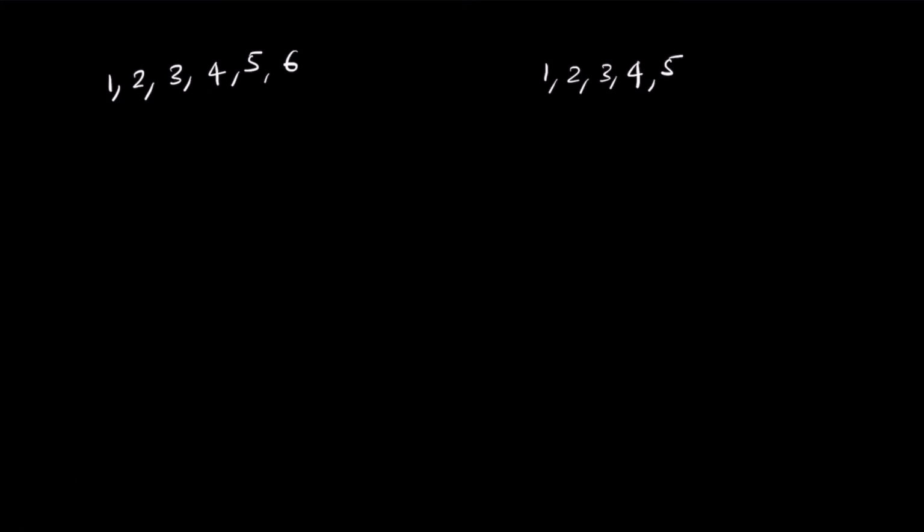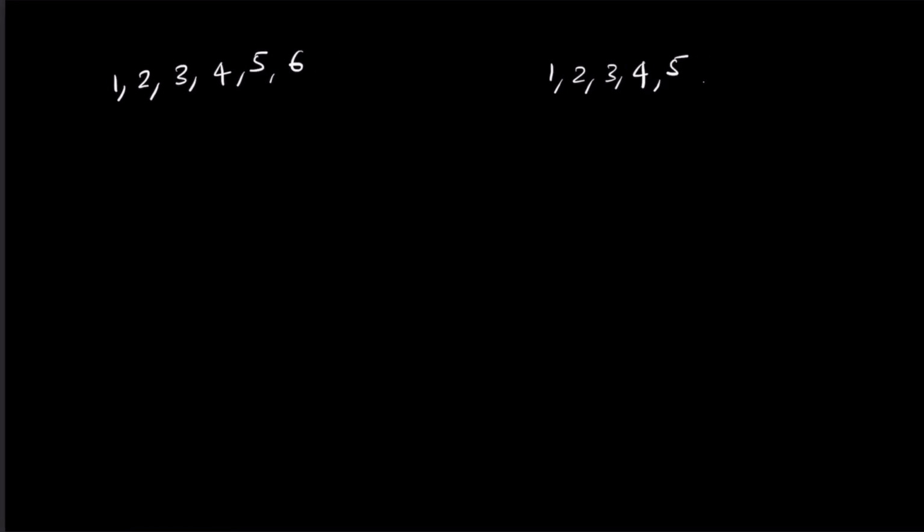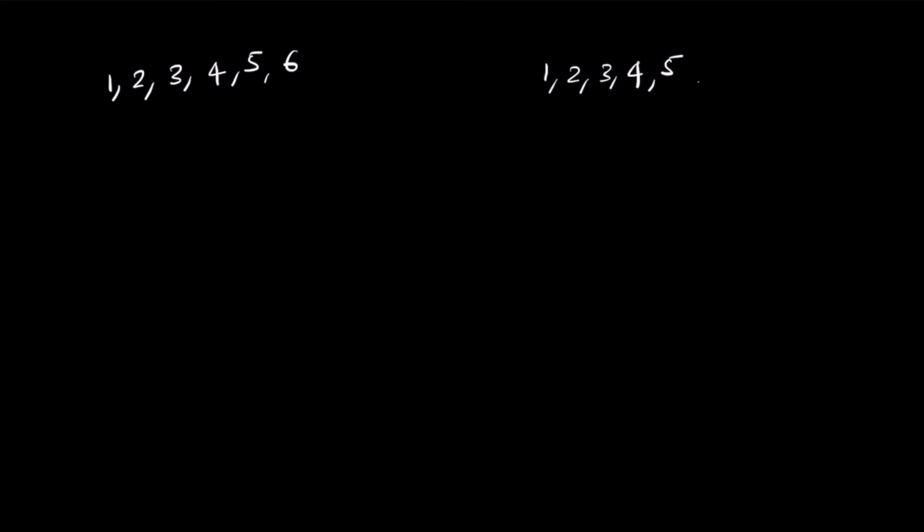Let's look at the second one first. In this set of values, we have observations in ascending order. What we are looking for is the mid value that splits the data into 2 equal halves. If you take 3 here, there are 2 values less than that and 2 values greater than that. So 3 becomes the median.